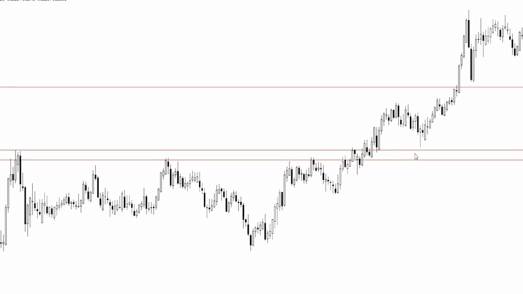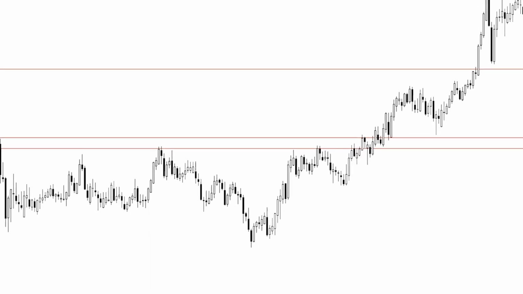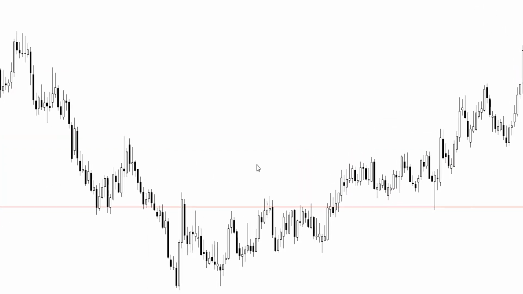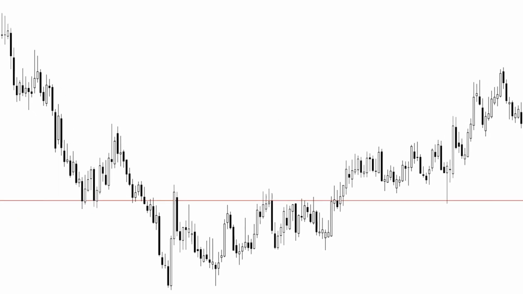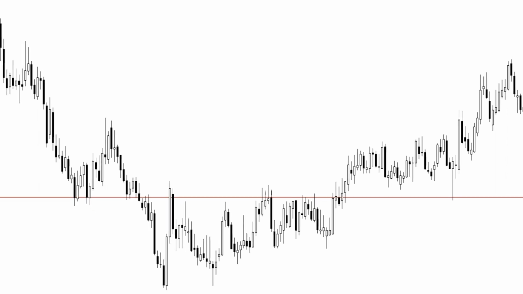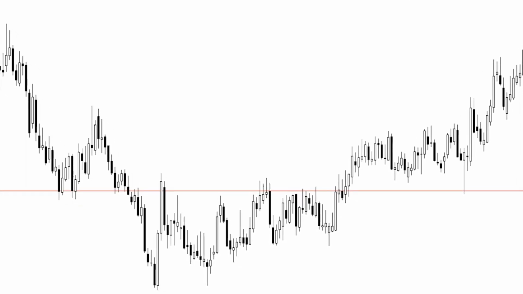Let's have a look at one more example. We'll go to our Euro Australian dollar. And once again, without me even showing you, it's pretty obvious where the bullish pin bar is. First of all, what is price doing?